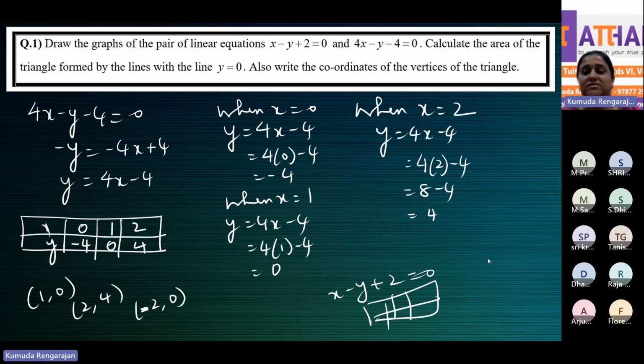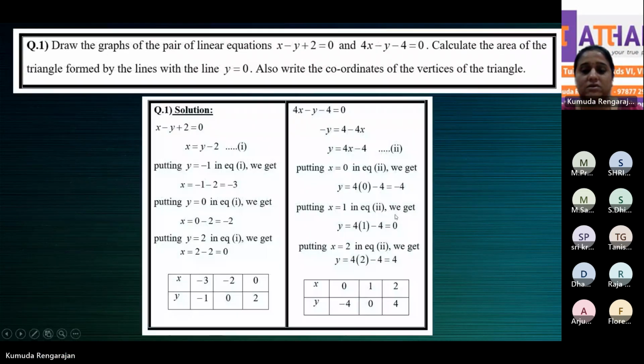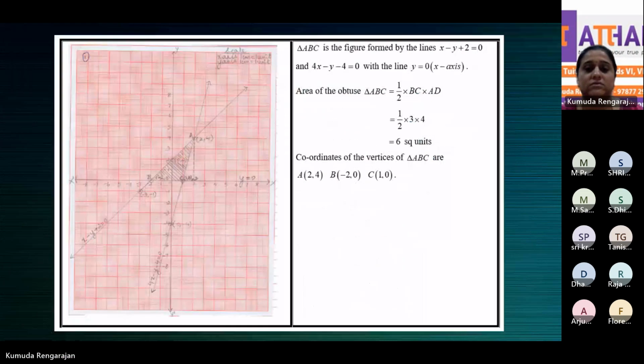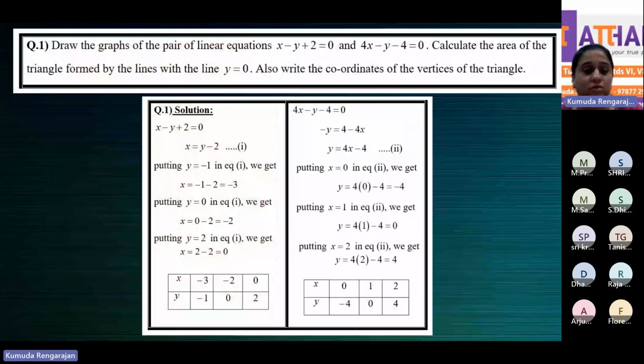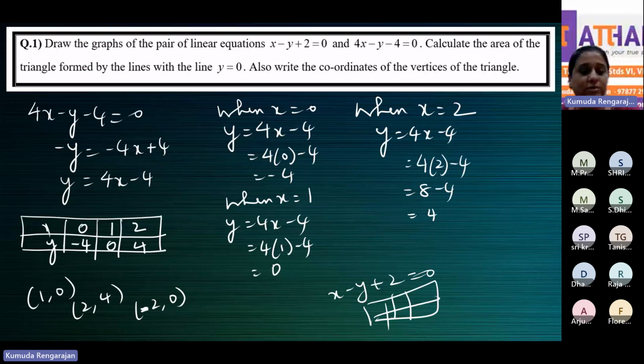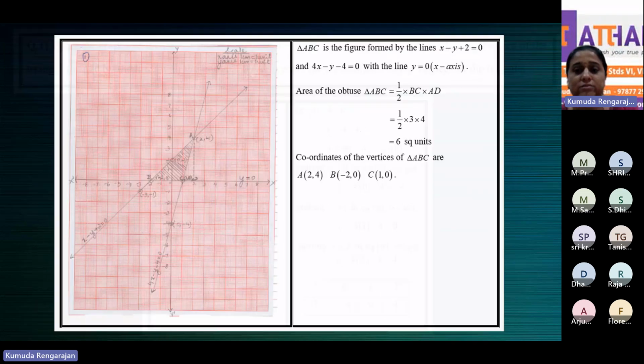Okay, so Danya and Prajit have got this answer. Others? Okay, let's see if they're right. (2, 4), (1, 0), (-2, 0). Very good.